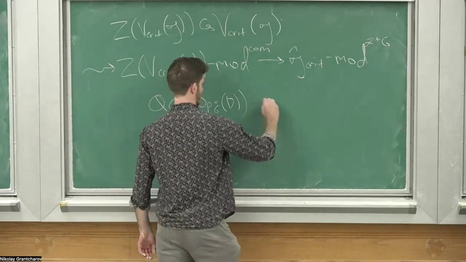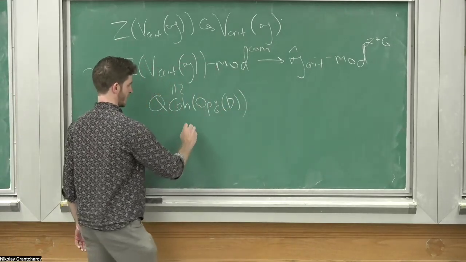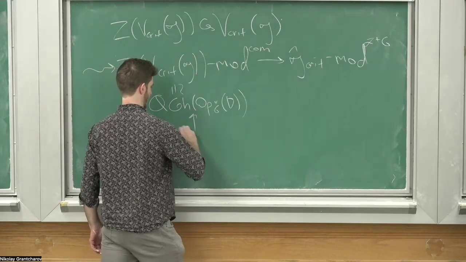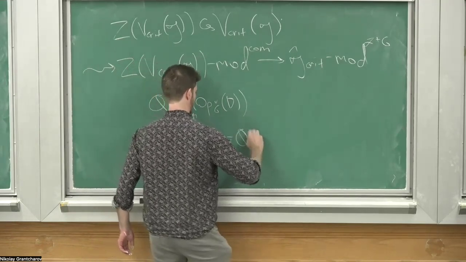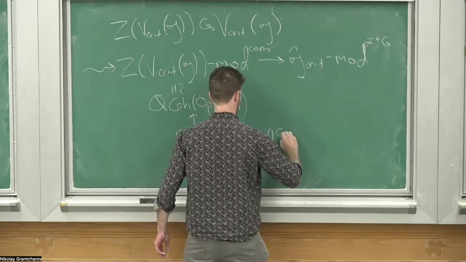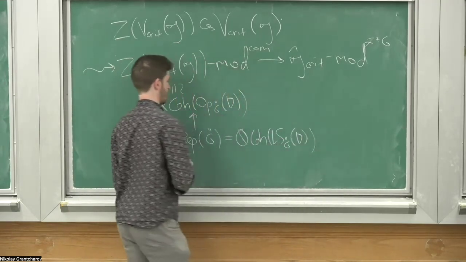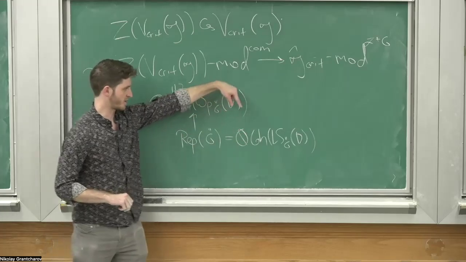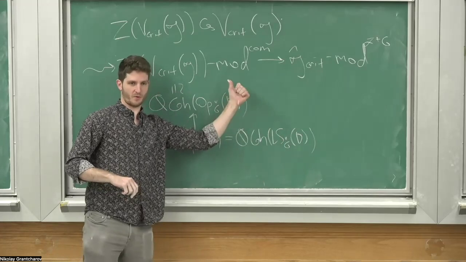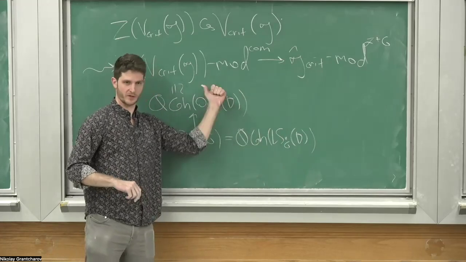And then this thing is acted upon by Rep G check because, well, I can also think of this as quasi-coherent sheaves on local systems on the disk. And if I have a G-check Oper, it has an underlying G-check local system, right? So there's a projection in this direction, and therefore inverse image of quasi-coherent sheaves defines a symmetric monoidal functor like so.